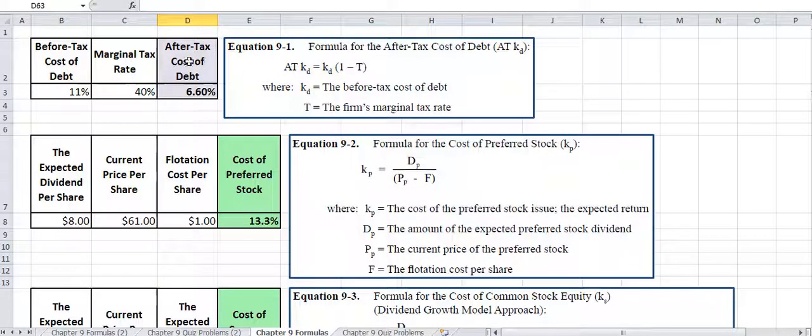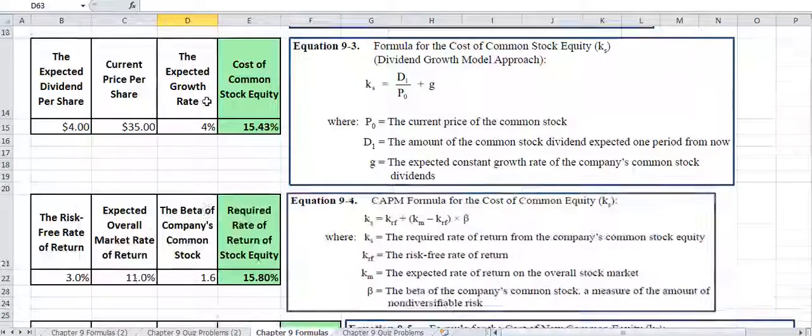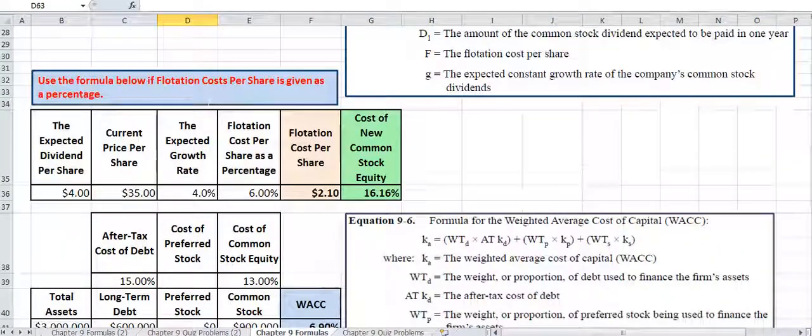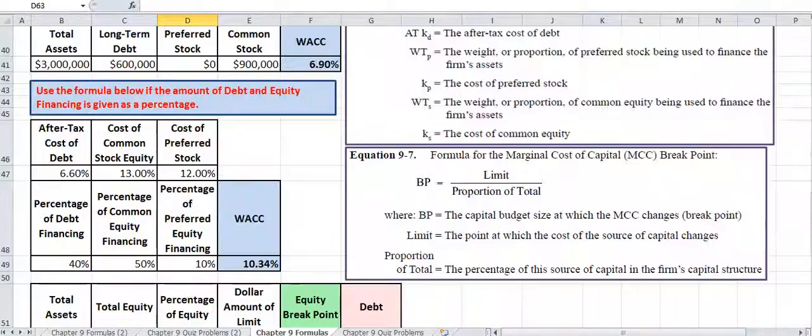So we get an after-tax cost of debt using this top formula up here of 6.6%, and we put all those in right down here, because this is the one where we have percentages of each of our different financing. So we have 40% debt, 50% common stock, and 10% preferred, and we put our costs in up here.